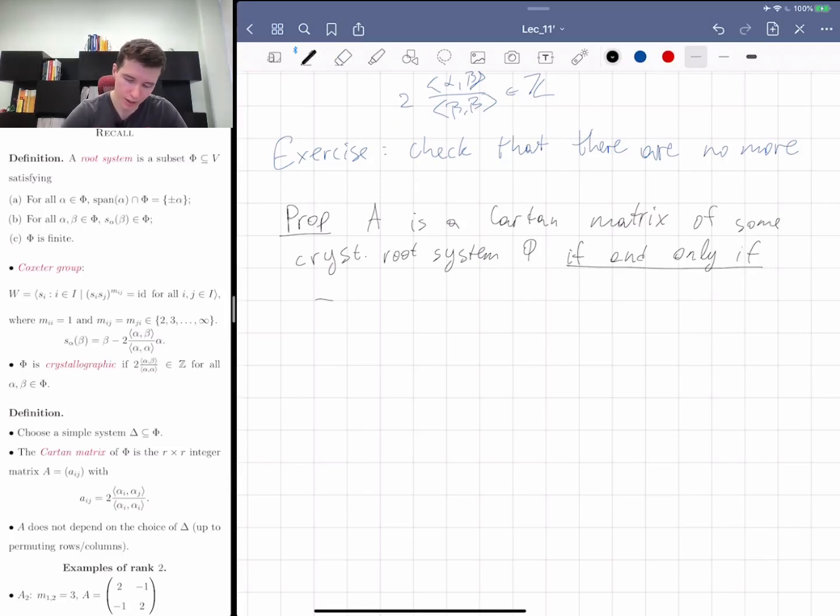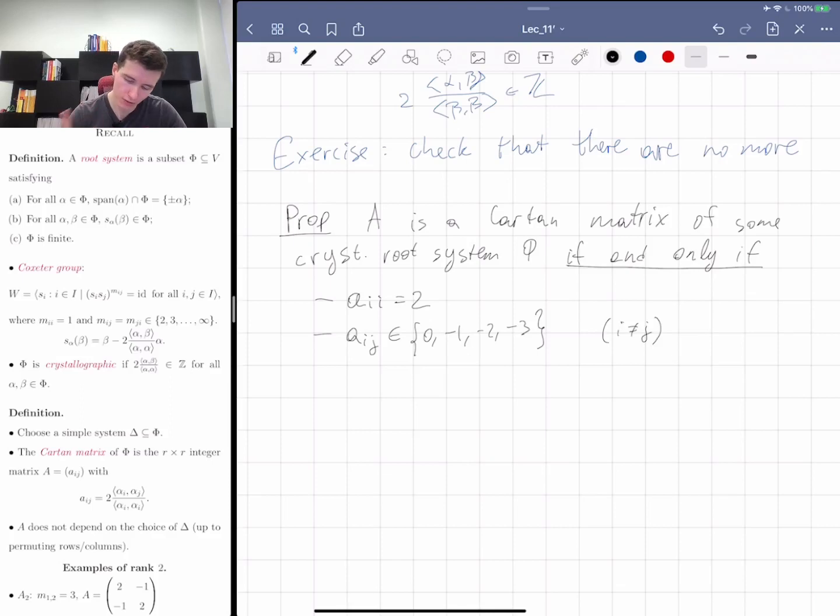So the first property, as we discussed above, is that aii is 2 for all i. And the second property, on the diagonal we have the 2's, and the off-diagonal entries have to belong to the set aij belongs to {0, -1, -2, -3}. This is for i not equal to j.